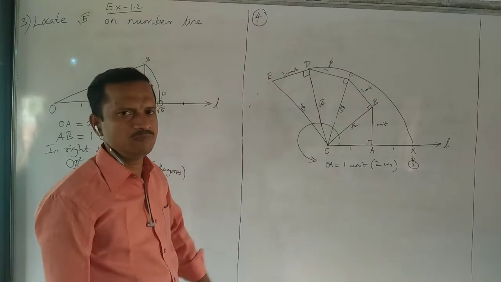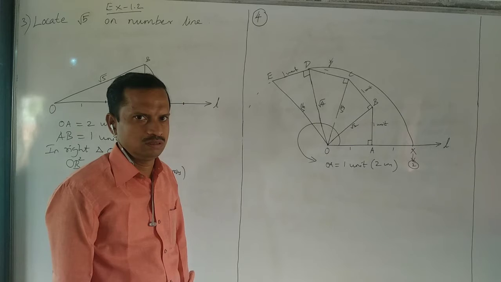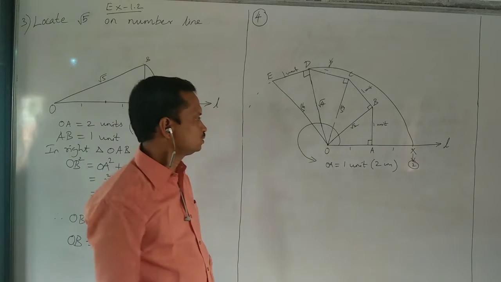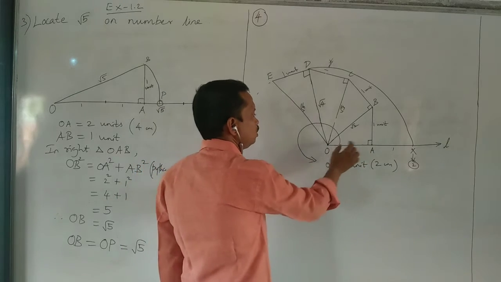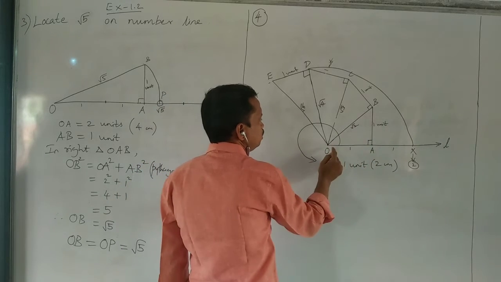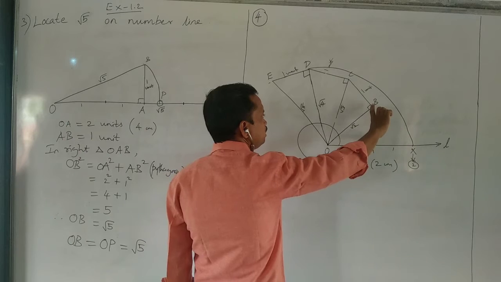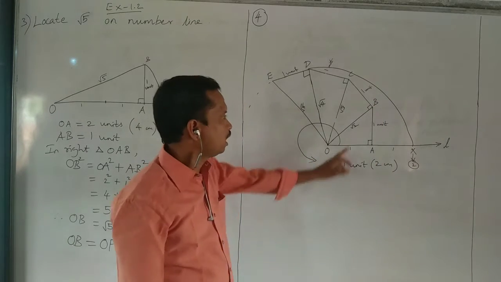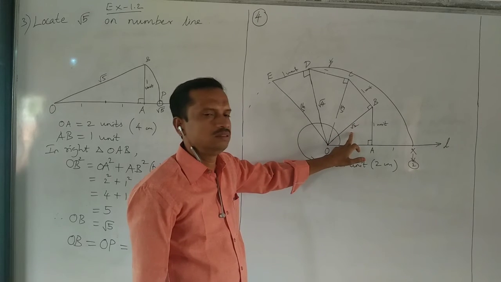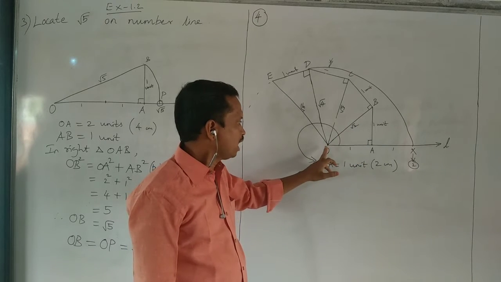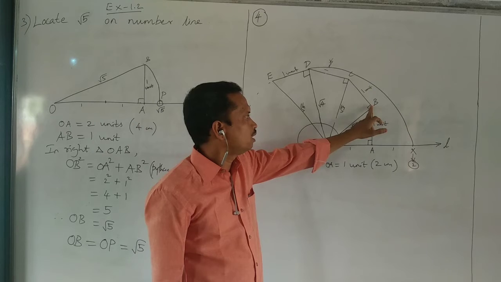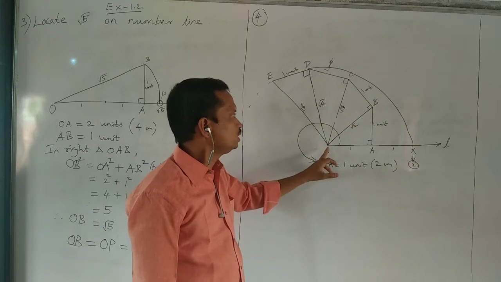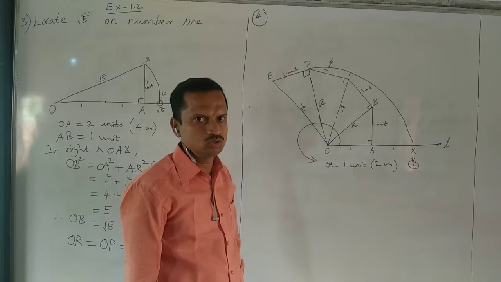So this is the square root spiral, which I already explained in the previous class. So first of all, we have to construct root 2 by taking OA 1 unit and AB perpendicular to OA, and this AB also 1 unit. And if you join OB, that is root 2. And again, you have to proceed, draw a perpendicular BC to OB and join OC, and which is nothing but root 3.